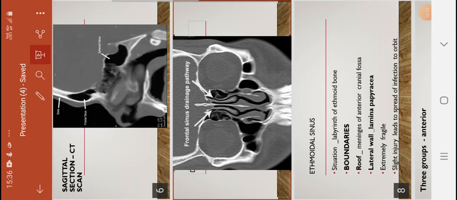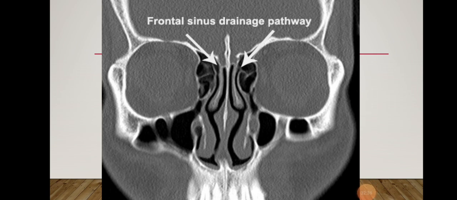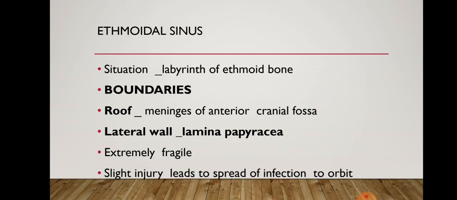And this is the drainage. This is a CT coronal section of the head and neck to show the paranasal air sinuses, and the arrow mark shows the frontonasal duct through which the frontal sinus drains into the infundibulum of the middle meatus.